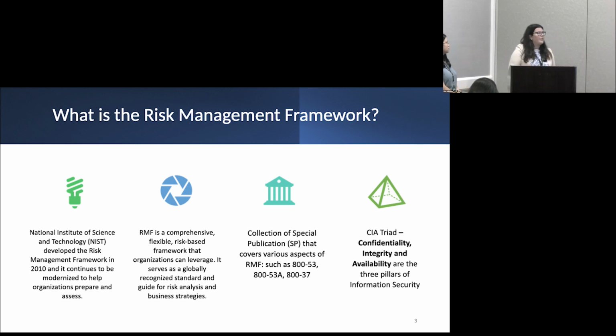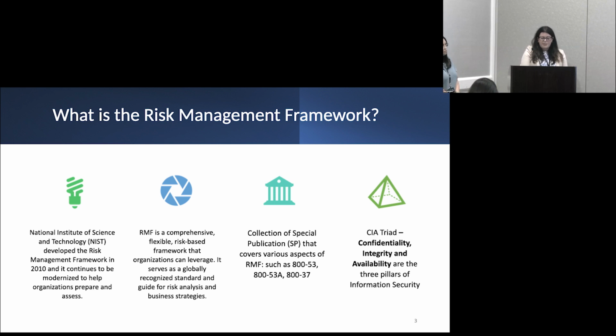So you're probably wondering, what is RMF? The National Institute of Standards and Technology, a global industry standard body, developed RMF in 2010, and it continues to be modernized over the years. RMF helps organizations prepare for and assess current risks.